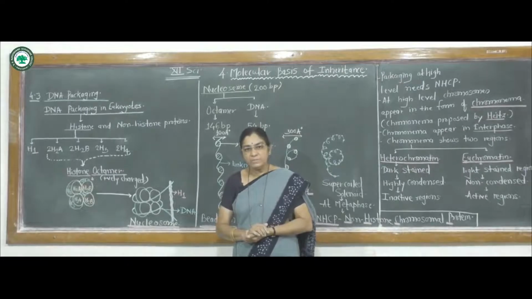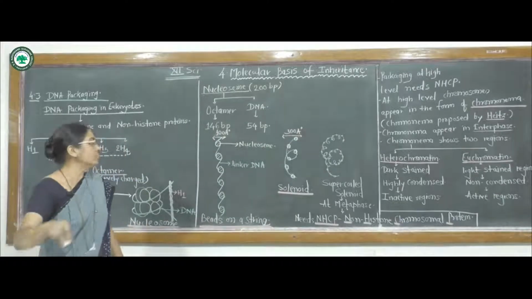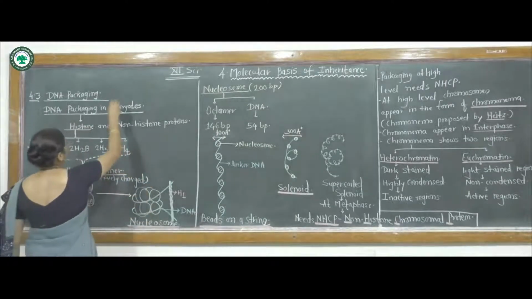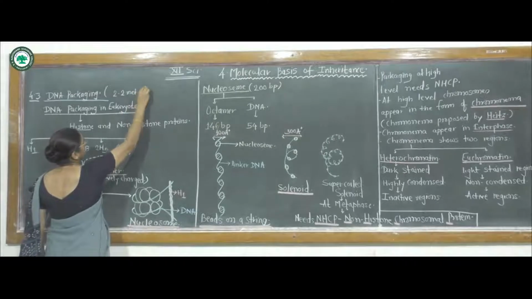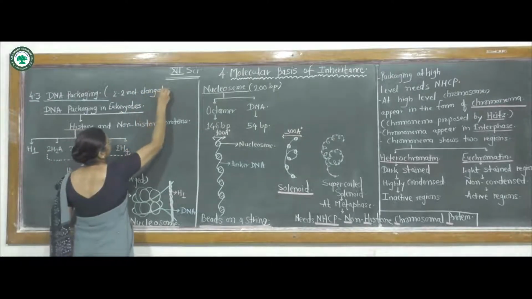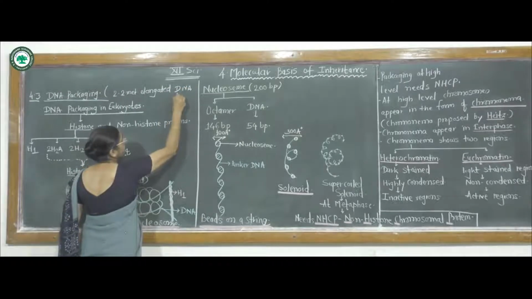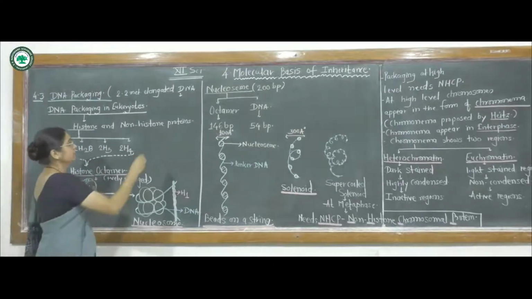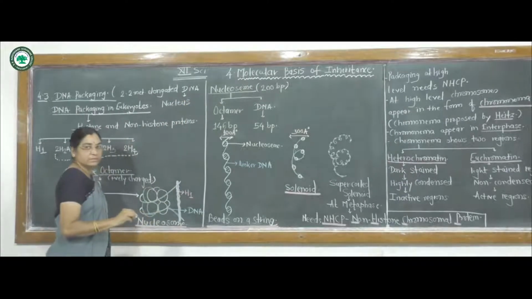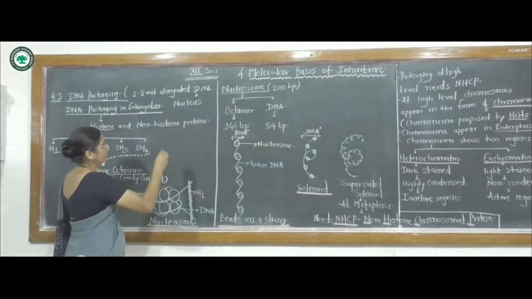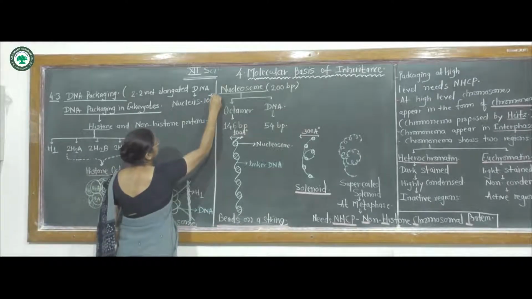The DNA strand in mammalians is nearly 2.2 meters elongated. This DNA can get accommodated inside the nucleus, and the diameter of the nucleus is 10 raised to minus 6 meter.